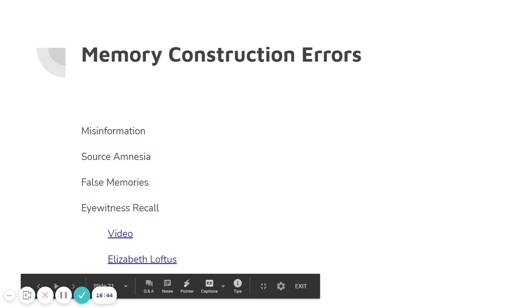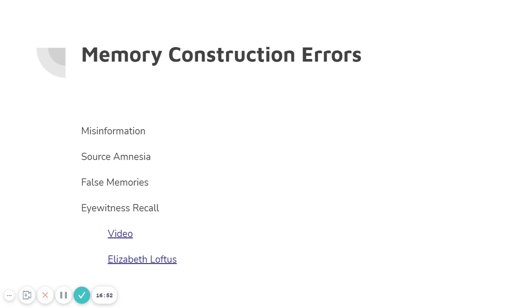Also related to all of this is the concept of eyewitness recall. And this is people who witnessed an event, whether or not what they remember is what actually happened. And so all of these end up tying together. So like if you have an episodic memory of a crime, like you saw a car crash, and you think you can describe it in great detail, typically what ends up happening is people see different things based on their experiences.